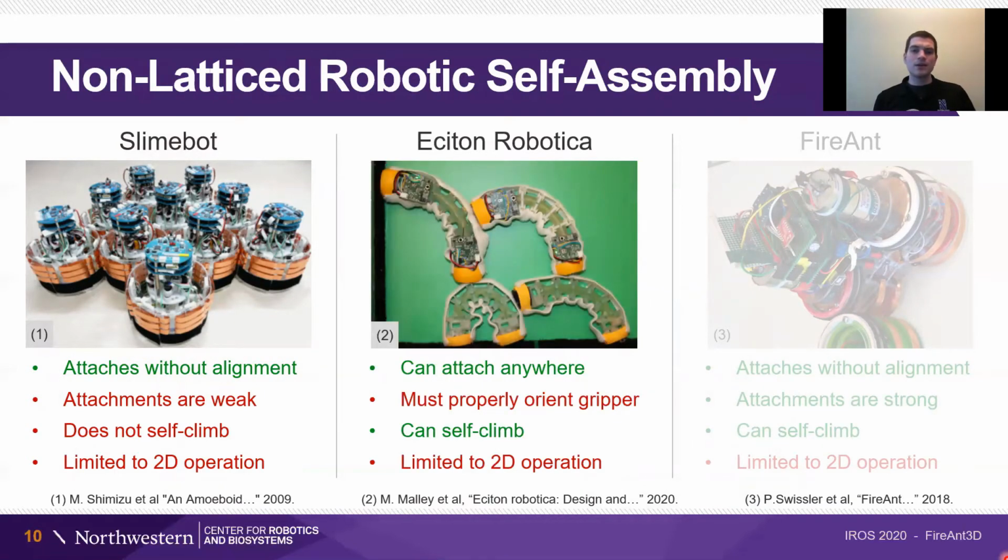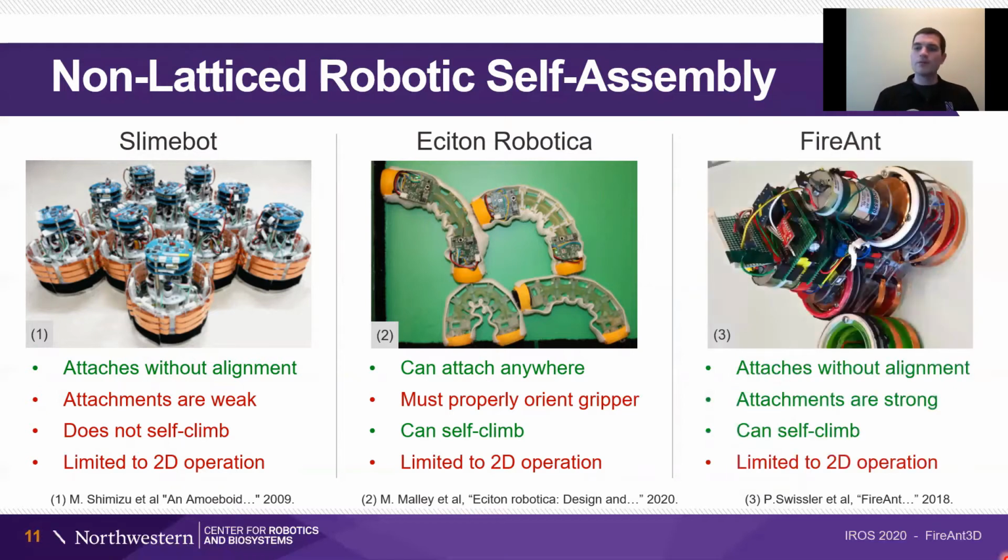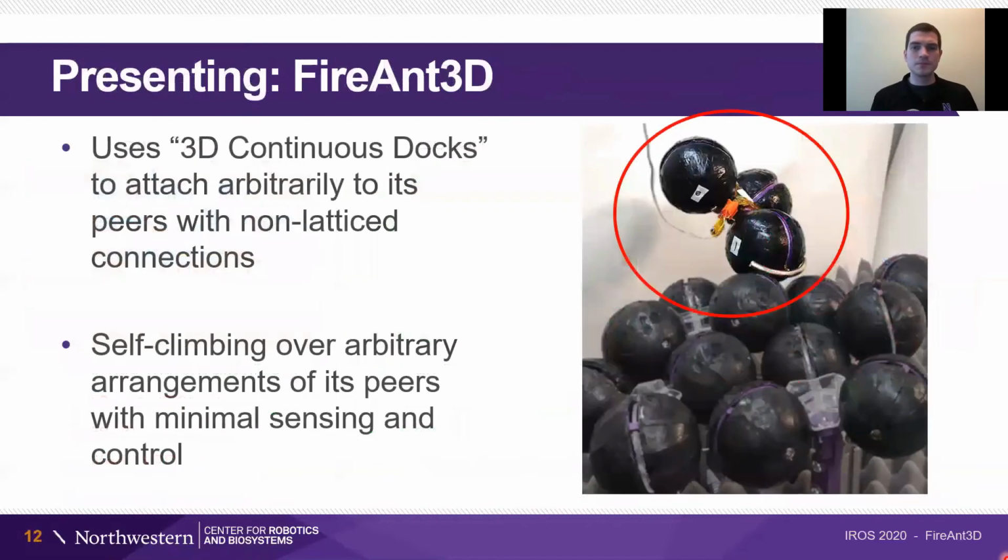Eceton Robotica is a climbing robot that can attach anywhere on a neighbor's body, but it must first properly orient the gripper for attachment to occur. As I said, it can self-climb, but it's limited to 2D operation. The original FireAnt can attach without any sort of alignment, and its attachments are very strong. It uses these attachments to self-climb, but again is limited to 2D operation.